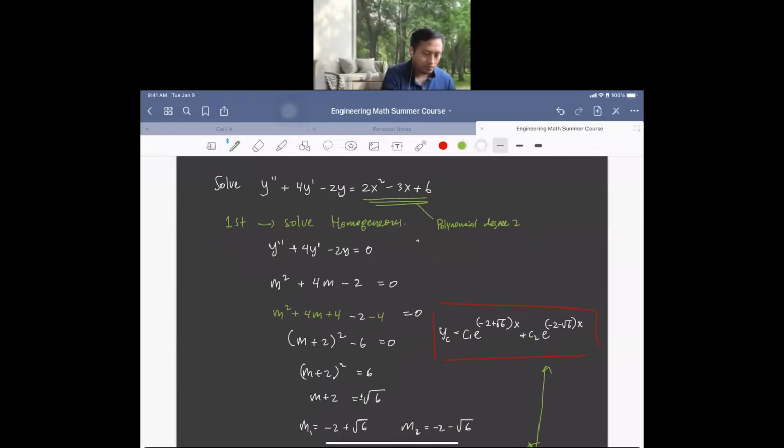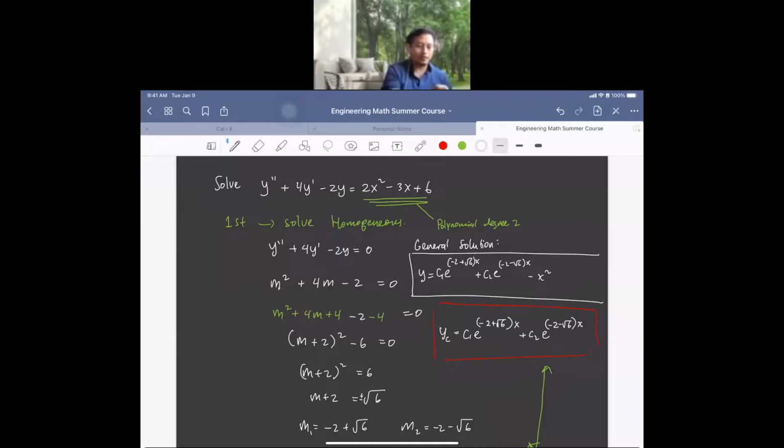The general solution is y equals c1 e to the homogeneous part, plus the particular solution: minus x squared minus 5 over 2 x minus 9. That's the general solution.